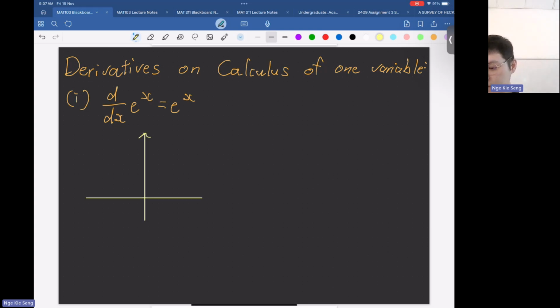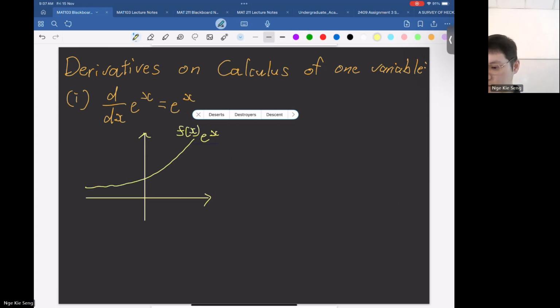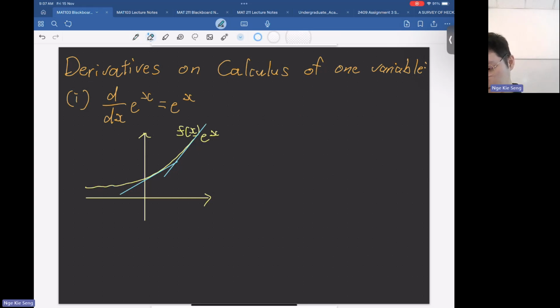So you start with e^x, right? You start with the function e^x, and then you look at the gradient at each point, okay? Or you can form the tangent line at each point, and you look at how these tangent lines change when you change your x.